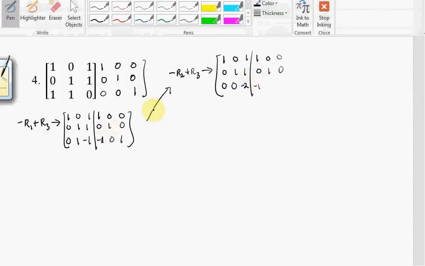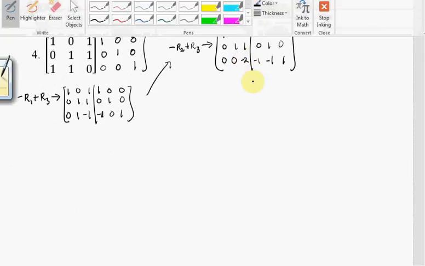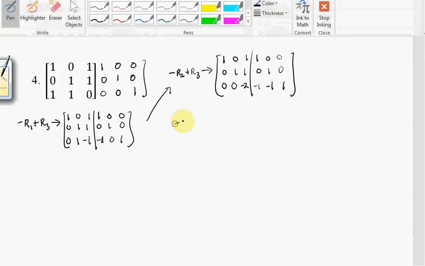It's just a negative 1 there. And then that's still 1. So where that negative 2 is, we need to have a 1 there to get zeros above it. So we just divide row 3 by a negative 2.